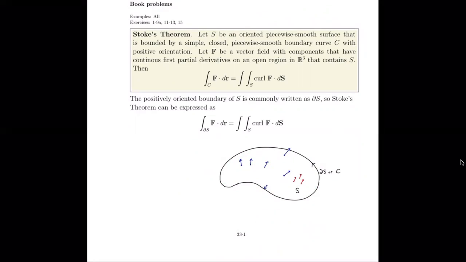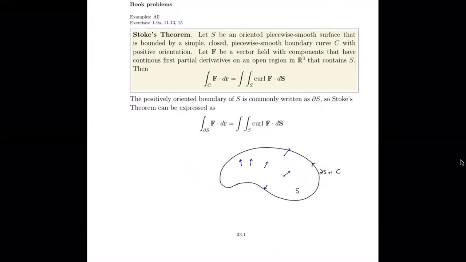Green's theorem worked for a region in the plane, say D, and its boundary curve C, which is just a flat region. Stokes' theorem actually works for a surface which naturally lives in three dimensions, which really means it's a generalization of Green's theorem. In other words, Green's theorem is a special case of Stokes' theorem.